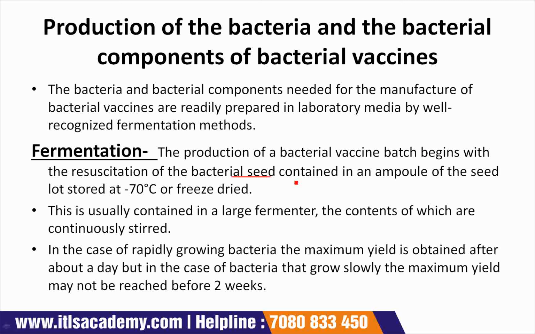Bacterial seed is contained in an ampule of the seed lot stored at minus 70 degrees centigrade or freeze dried. As we know, after growing bacteria, we had stored them in a minus 70 degrees centigrade freezer.